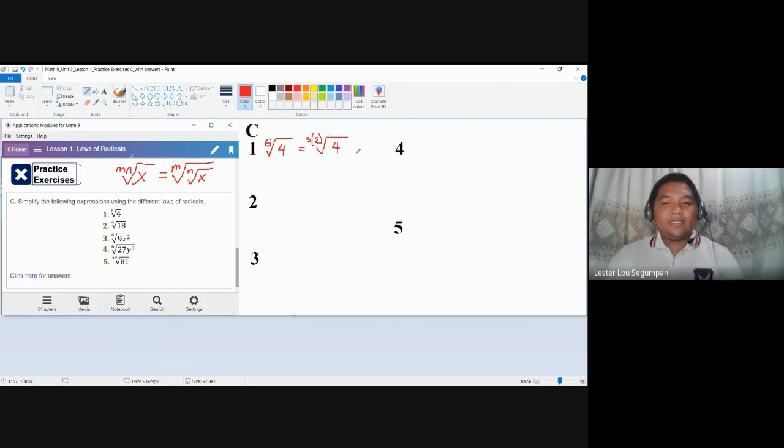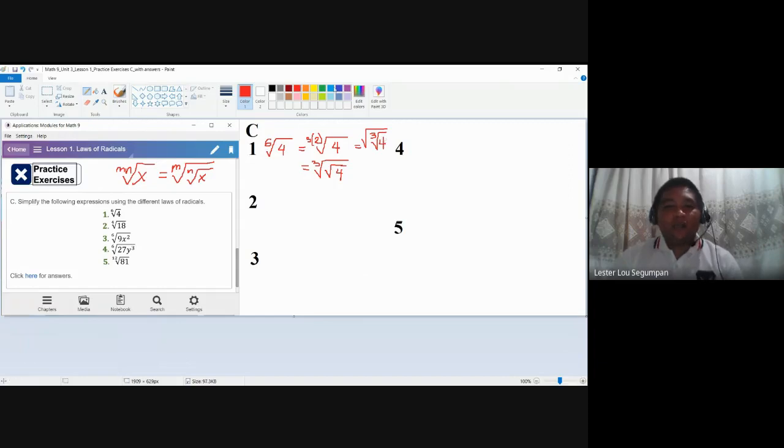With this, we can rewrite this as the cube root of the square root of 4. Take note that inside the radical symbol we don't write 2 for the square root, because squared is already 2. You could also rewrite this as the square root of the cube root of 4, because again, multiplication is commutative. However, we cannot simplify that because 4 is not a perfect cube.